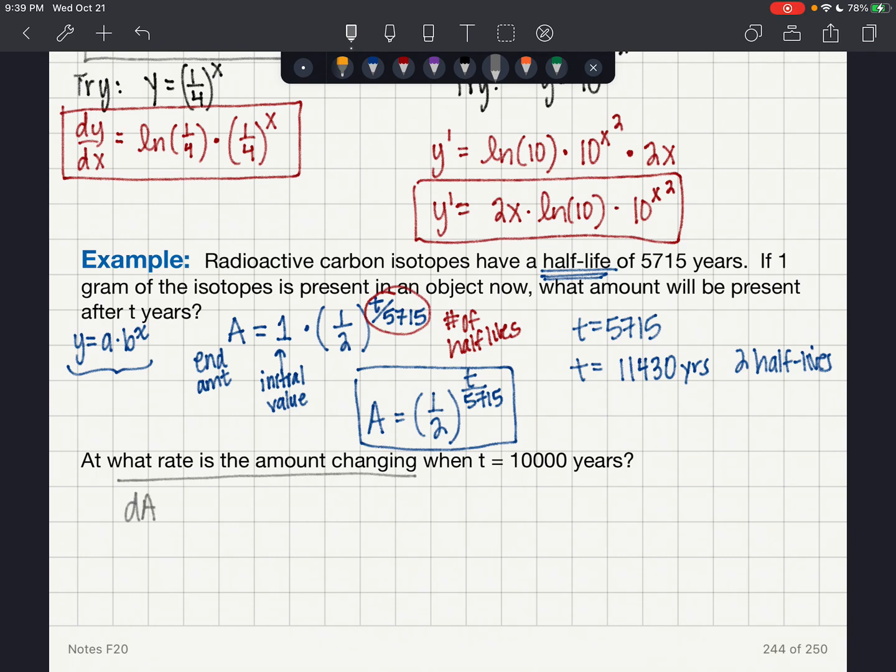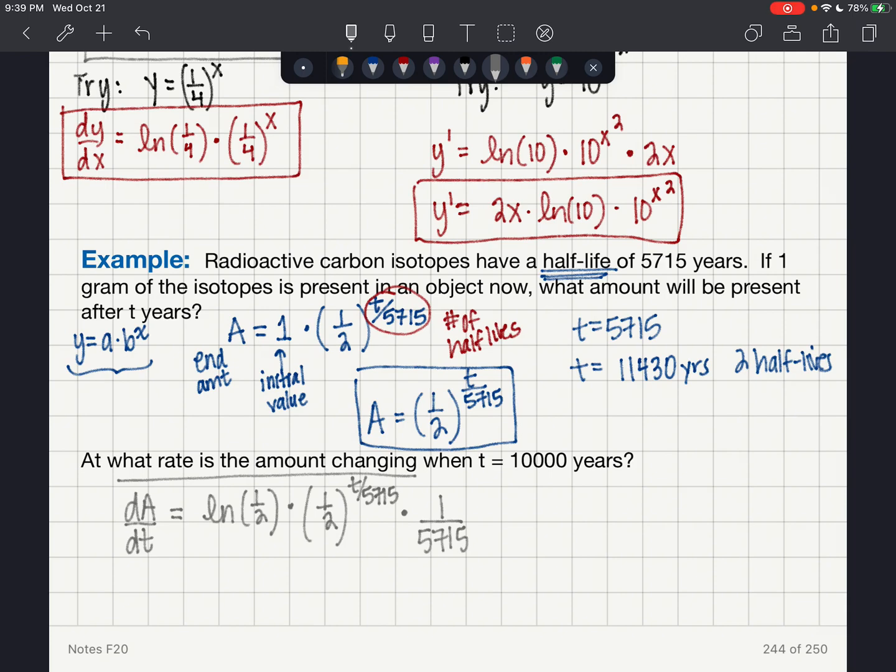That means I need dA/dt, and that's going to equal the derivative of 1/2 raised to the t over 5,715. So I'm going to have the natural log of 1/2, natural log of the base, times the actual exponential, times the derivative of the exponent, which is 1 over 5,715.